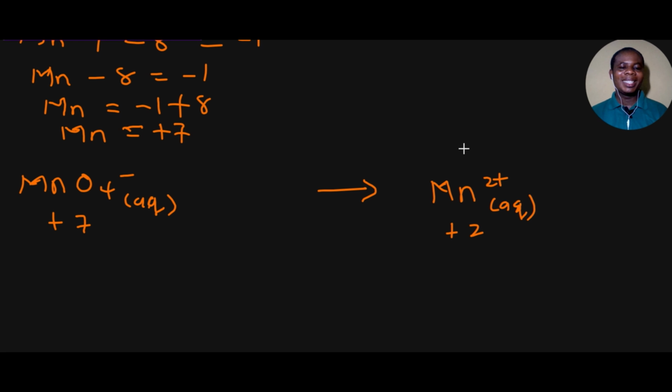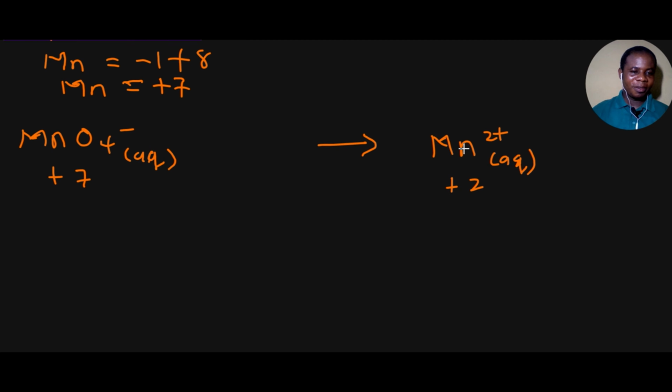But in this case, this is different from the first one we did. How do we work this? It's very simple. Where there is a deficiency of oxygen, you need to place water there. And where there is sufficient oxygen, you need to place hydrogen ion there. So let's go. Here there is enough oxygen, so we need to place hydrogen ion there.